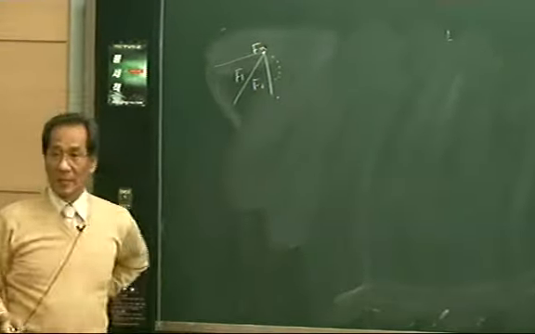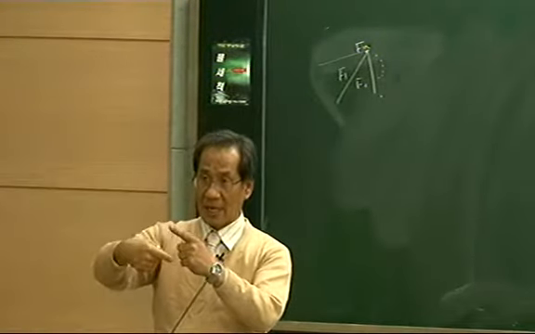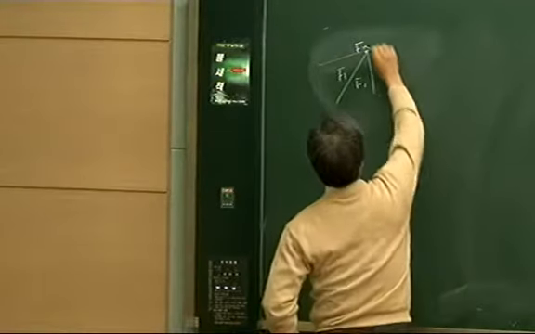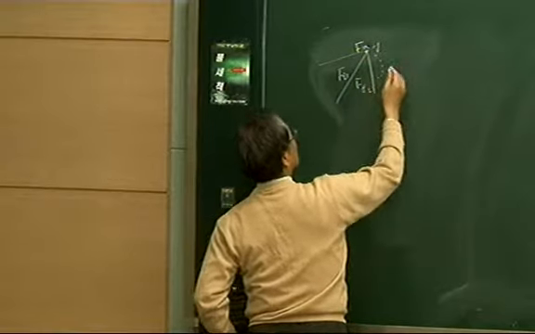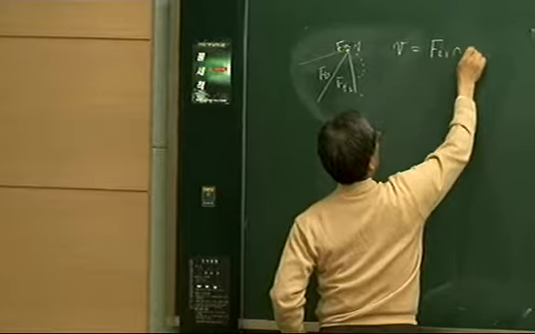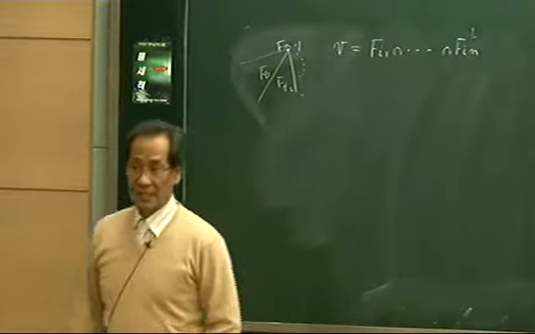So this is a simple polytope. So at each vertex V, exactly n facets are intersecting. So let's say V is Fi1 through Fin. N facets are intersecting.